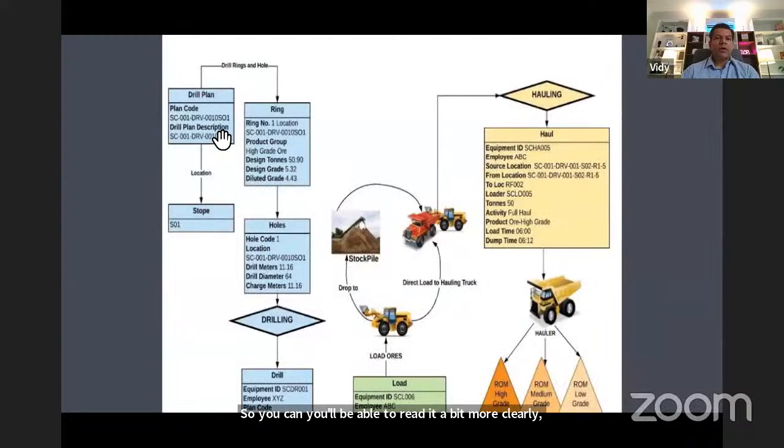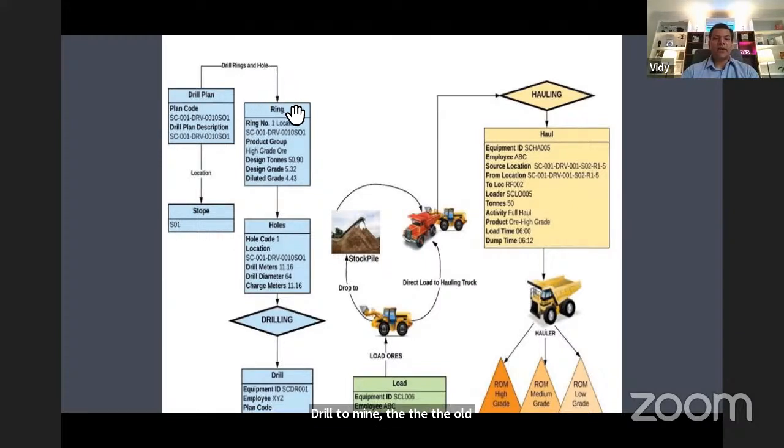I will not go through these different terminologies because they are very specific to the mining sector, but there is something called a drill plan, which means, in simple words, where you need to drill to mine the ore.